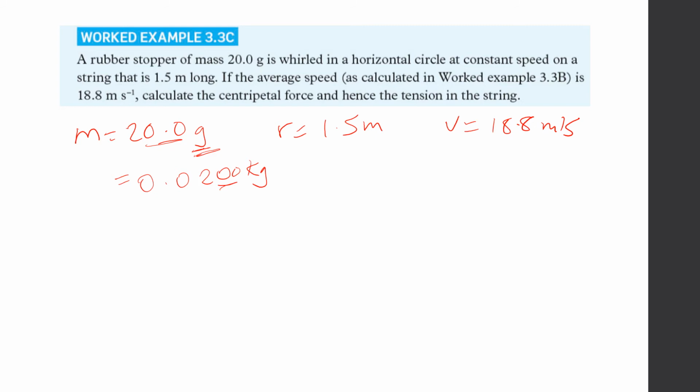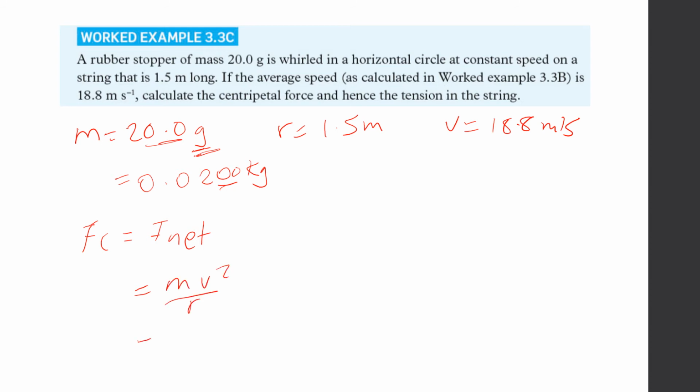Alright, so let's put that into the equation that we got on the previous slide, remembering that the centripetal force is equal to the net force in horizontal circular motion, and net force will be equal to the tension. Therefore, the force is going to equal mass times velocity squared over r.